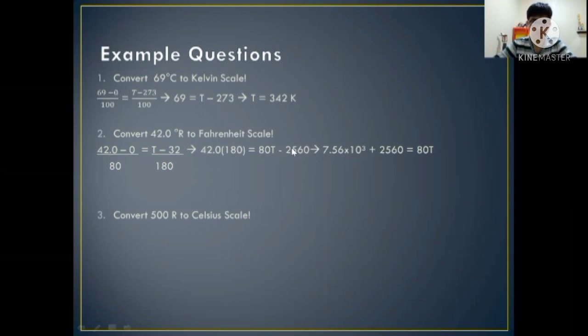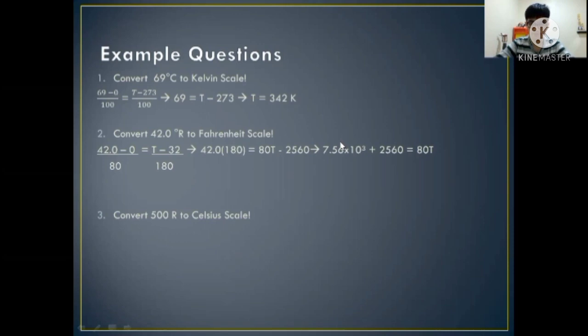Now this 2560 will move to the left side, and it will become 7.56 times 10 raised to 3 plus 2560 equals 80T. Now we add the left side, so 7.56 times 10 raised to 3 plus 2560.